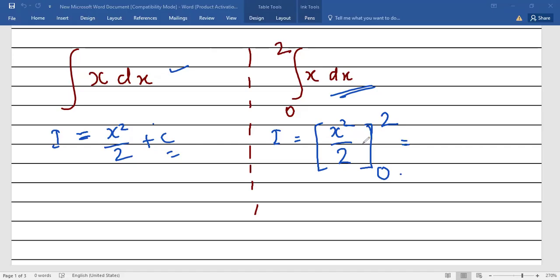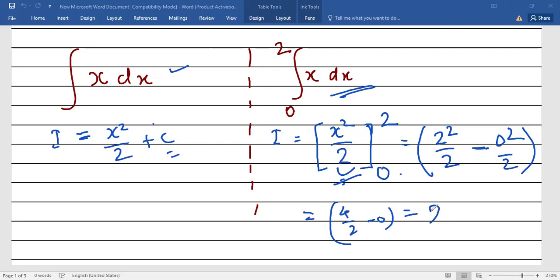What does it mean? It means that you have to write down this function twice, but in the first term you substitute x as 2, that is the upper value. So it is 2 square by 2. Then you write down a negative sign, and then you again write down this function, but now substitute x as 0. So 0 square over 2. That will give us 4 over 2 minus 0, that is 2.